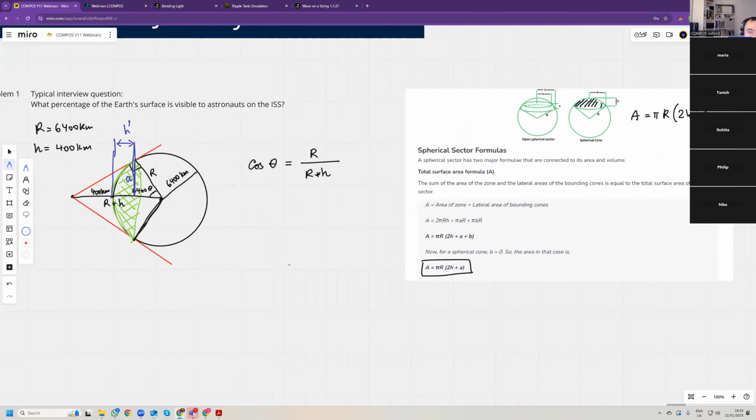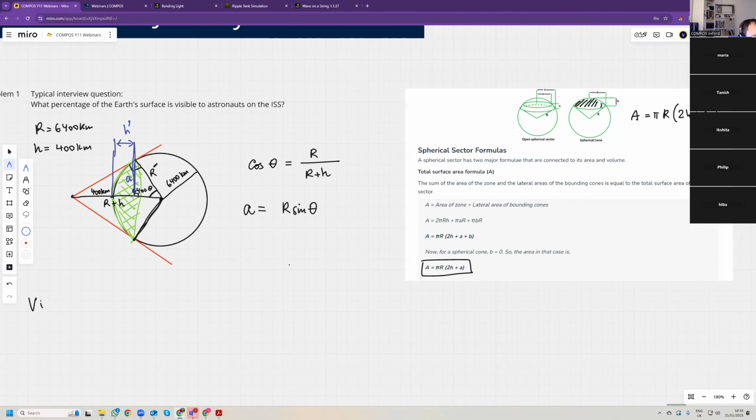Okay, so for the visible area, let's calculate a first. Because this angle is theta, using trigonometry, this is r sine theta.